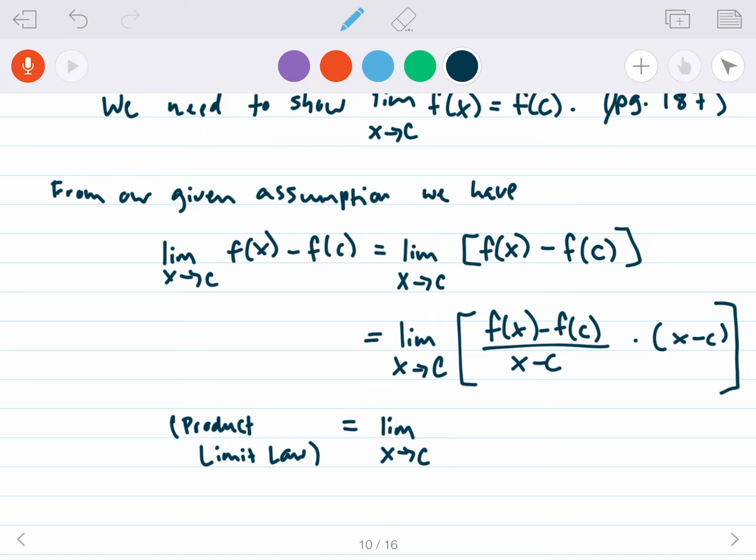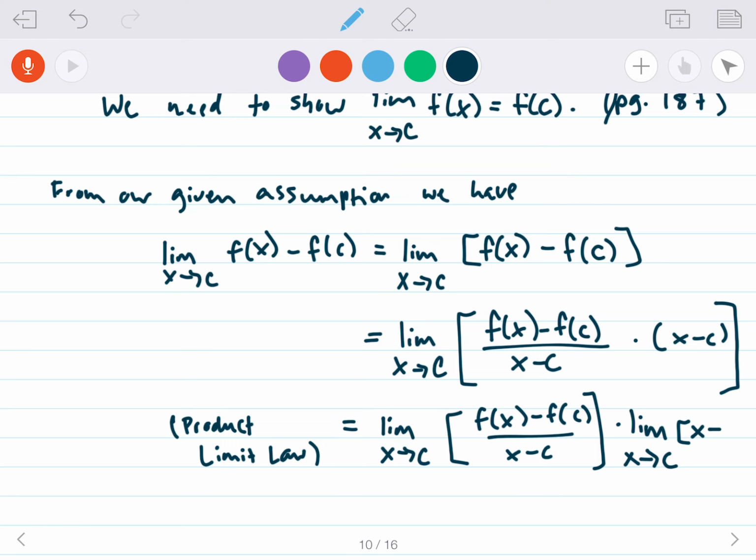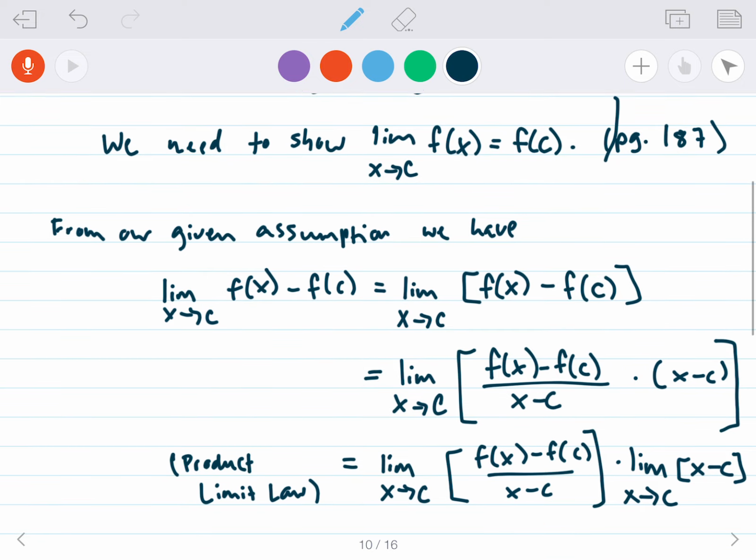Okay, so this is equal to the limit of this guy, f of x minus f of c over x minus c, times the limit as x goes to c of x minus c. Okay, and what did we say here?